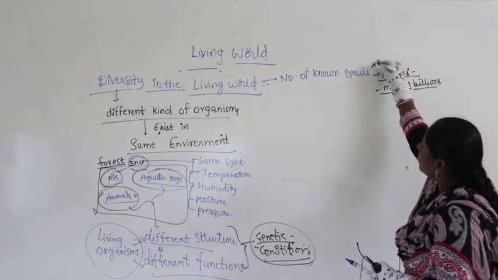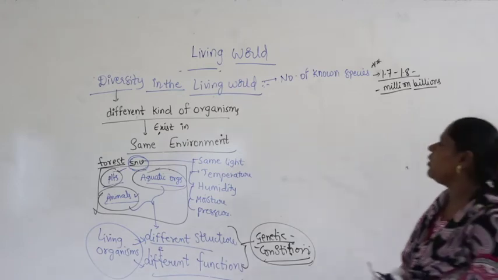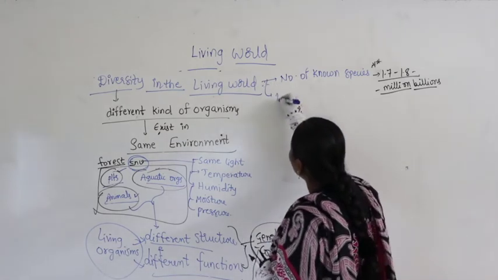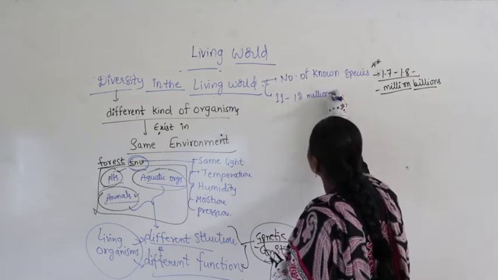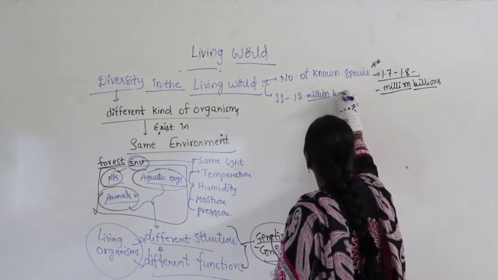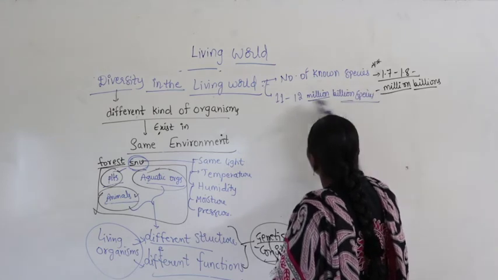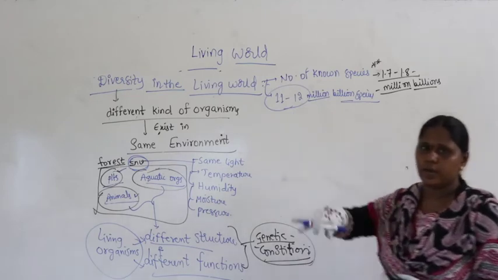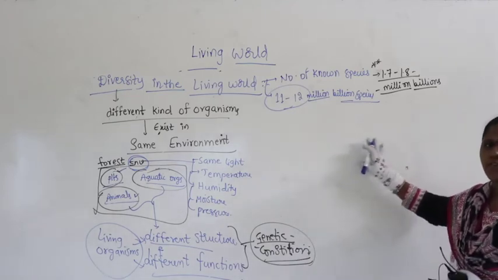Very, very important. In the entire world, in different types of forests, we find approximately 11 to 12 million species existing.